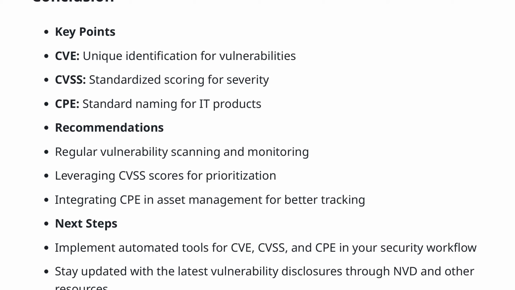As the next steps, consider implementing automated tools that handle CVE, CVSS, and CPE workflows to enhance your security management processes. Additionally, it's vital to stay informed about the latest vulnerability disclosures by following resources such as the National Vulnerability Database, NVD, and other relevant sources. This proactive approach will help maintain robust security within your organizational infrastructure.